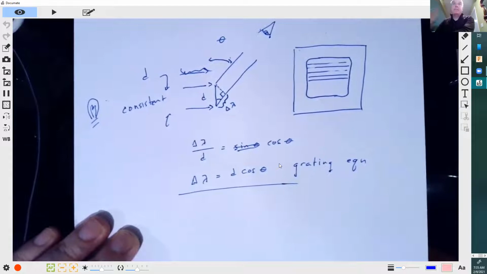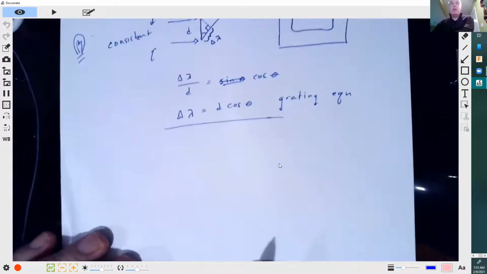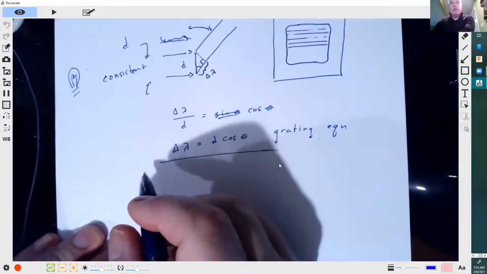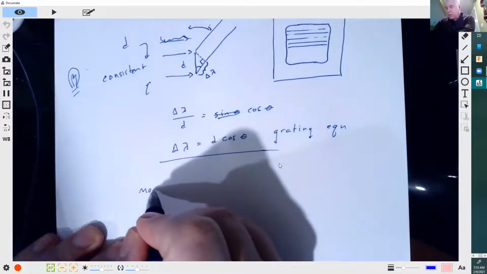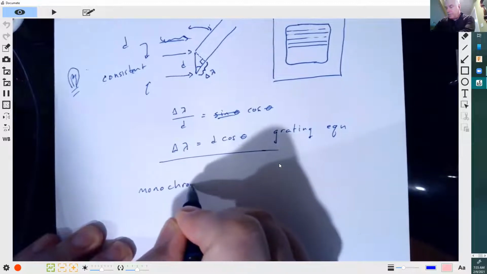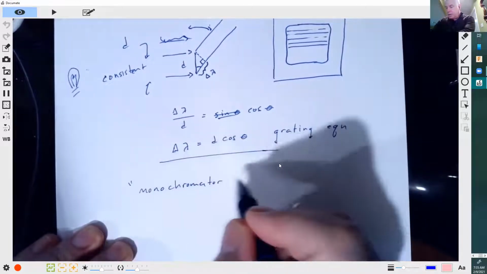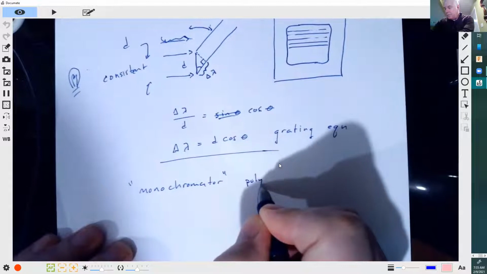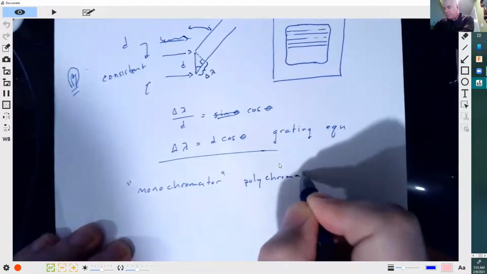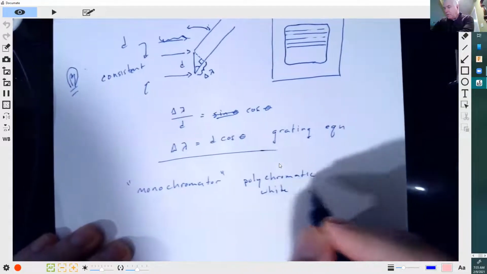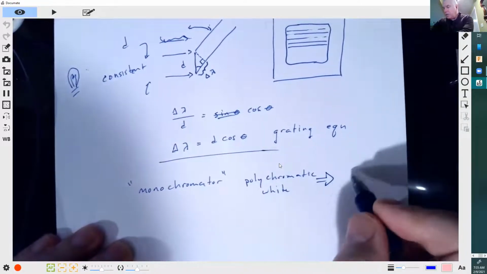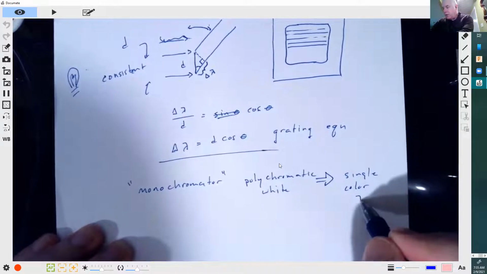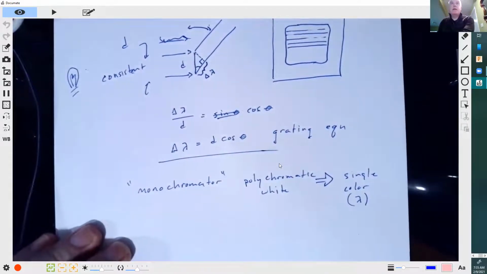And so the way that gratings work, and we're probably going to go over this again, I hope anyway, but the way that the monochromator works, this is the machine that takes polychromatic light or white light and turns it into single color or single wavelength light, right?